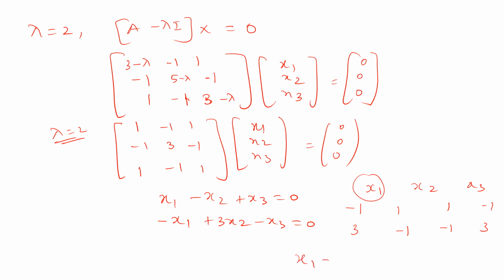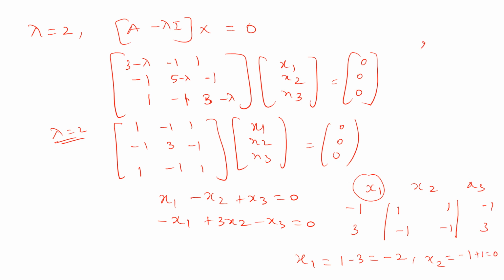Now take the determinant of this one for x1. What is the determinant value? 1 minus 3, that is minus 2. Next, for x2, take the determinant of this one. So this will be minus 1 plus 1, which is equal to 0.